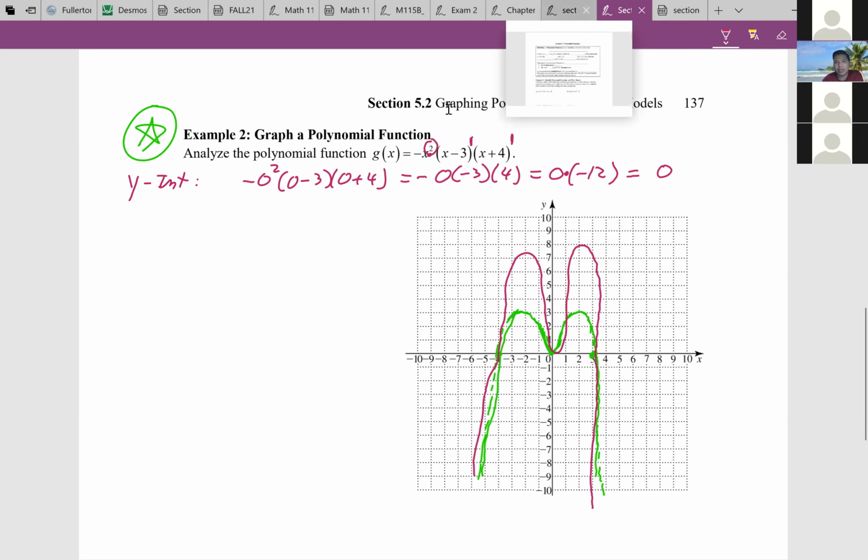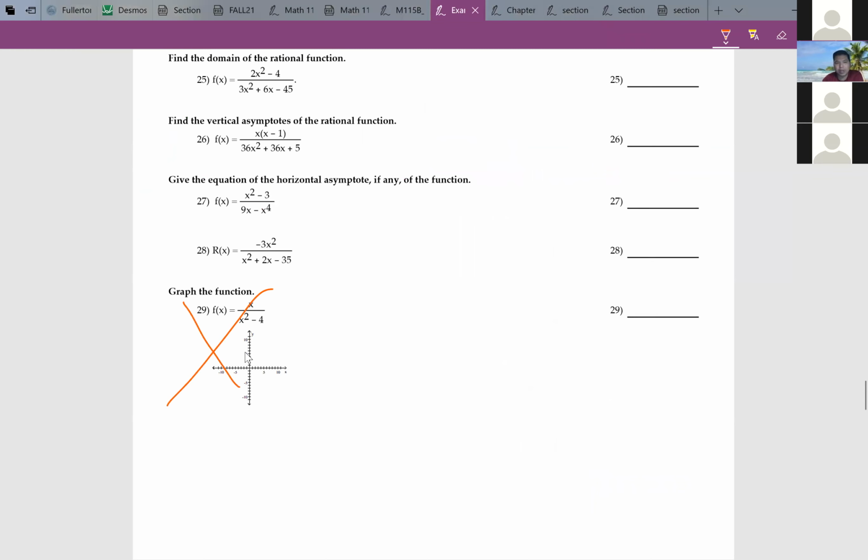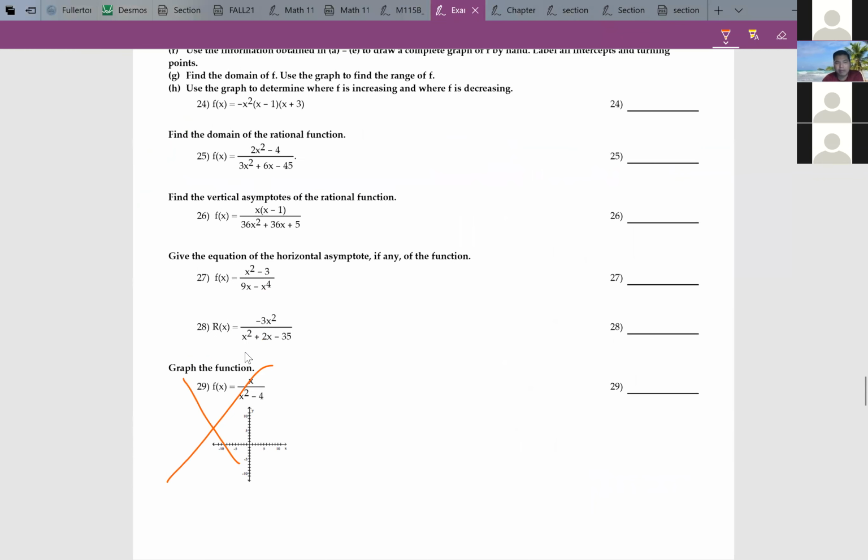If you are looking at exam review number 2, there are a few questions that relate to the next sections. So technically you can take off this one, this one, this one, this one. Don't try to do 25 to 29, because that is something we won't be able to finish.